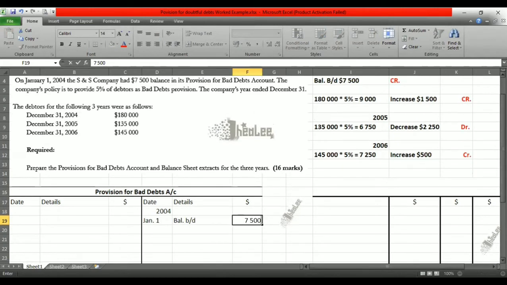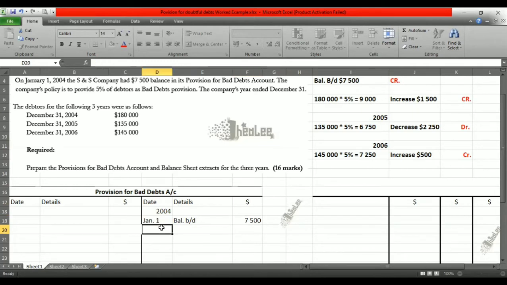Now, at the end of 2004, our provision increased by $1,500. And as indicated in our workings, it's a credit entry because there is an increase. And once your provision for doubtful debts increase, remember, this is an expense.